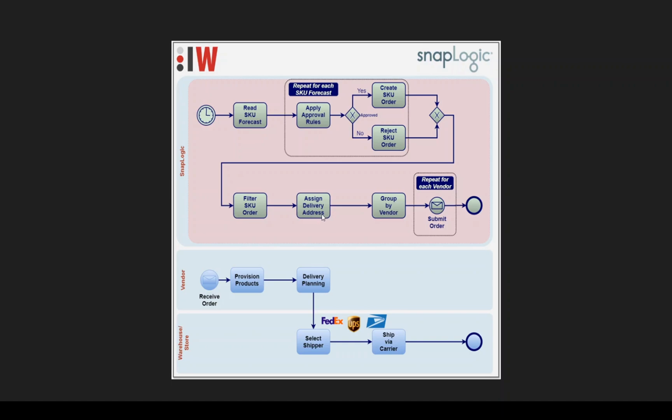Once we have this information in place, we group the data by vendor and then submit the orders to each vendor. The vendor then takes these orders, plans the delivery and the shipper, and ships them via the selected carrier. So this is the process on high level, and now let's jump into SnapLogic and build the actual pipelines for this process.